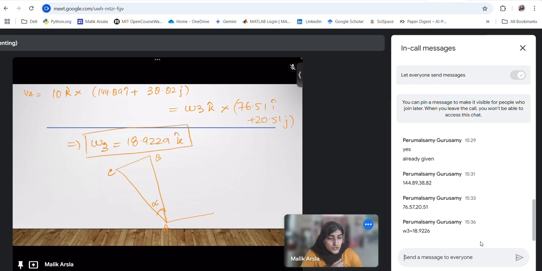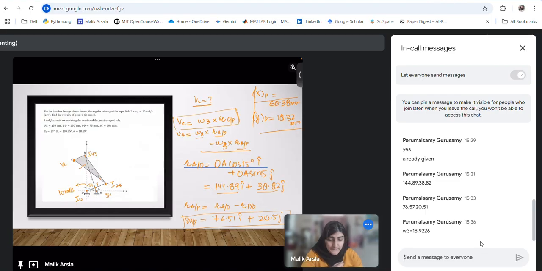So in order to find our RCP, this distance we have to find. If we find the cos component of AC and the sine component of AC, that will be RCA.